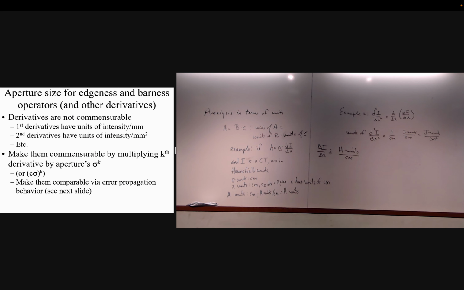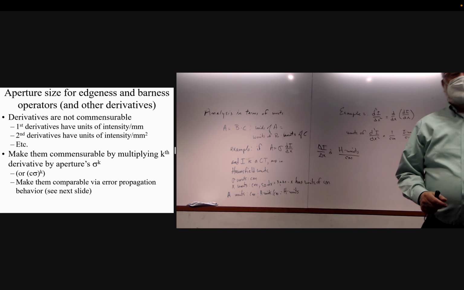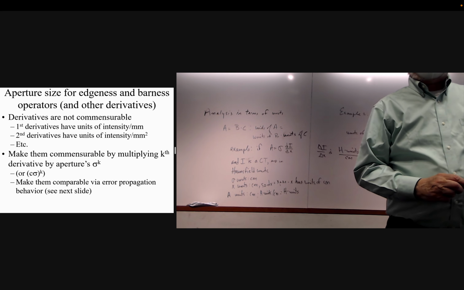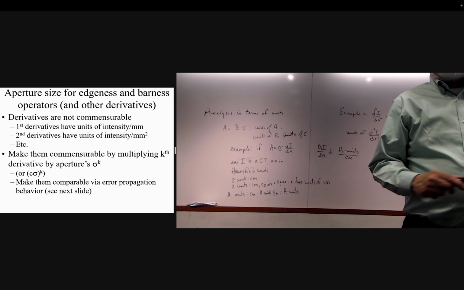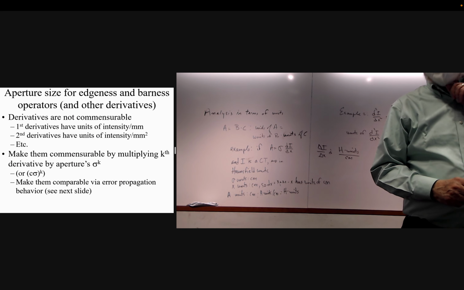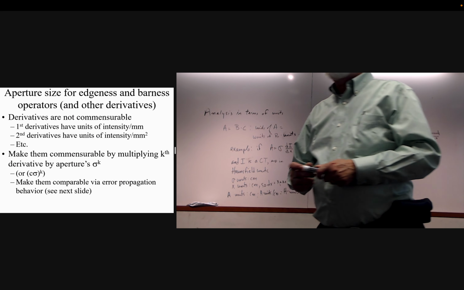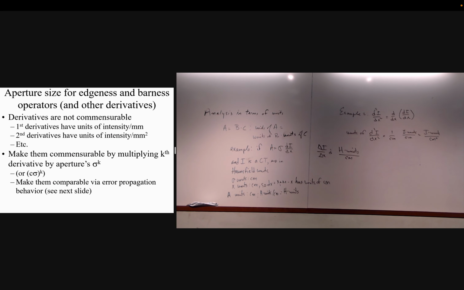What I've just argued is that first derivatives are in units of intensity units per centimeter, and second derivatives are in units of intensity units per centimeter squared, that is to say, different units.